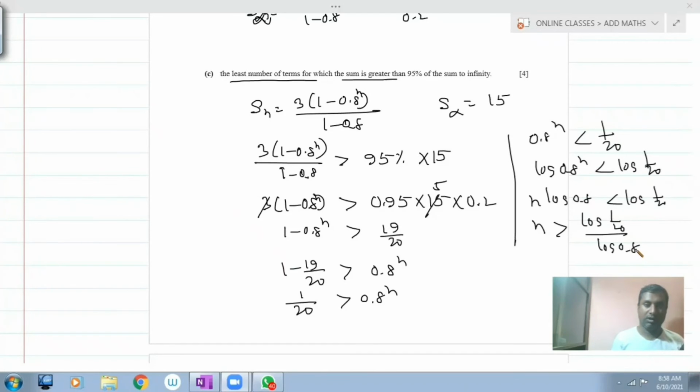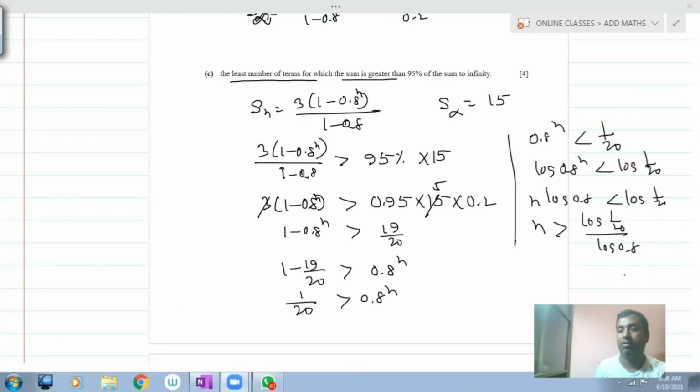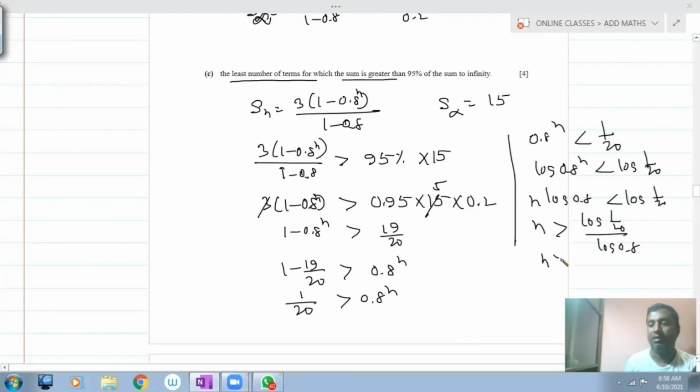So let us use the calculator: log 0.8, base 10. It is becoming 13.4. So n is greater than 13.4, so n equals 14. So this is the answer for this one.